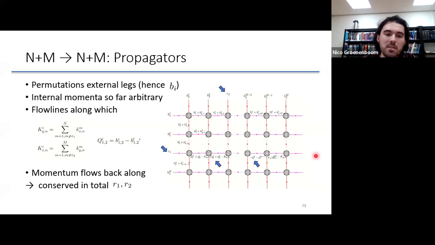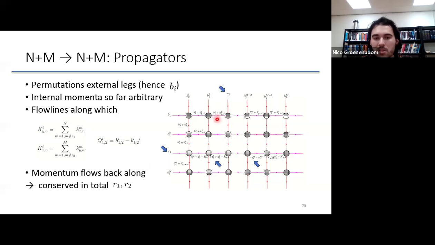And in this diagram, there are two special lines, which are the R1 and R2, because everywhere we add the gravitational momentum to the scalar, except along these lines, where all of the momentum instead flows back in the other direction, so that the momentum is conserved in total. So the R1 and R2 lines are a trick to do that. And in the end, we want to sum over all R1 and R2 to keep things general.